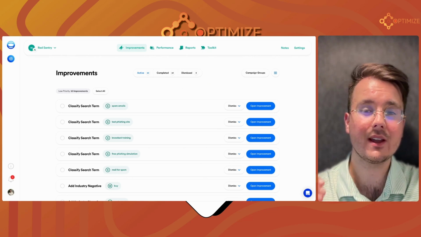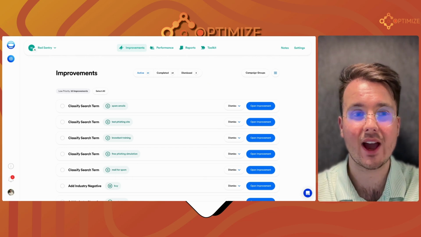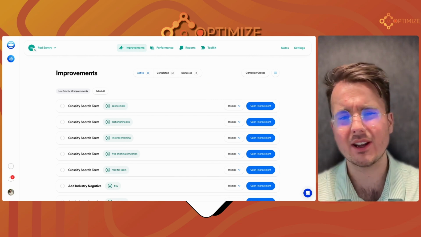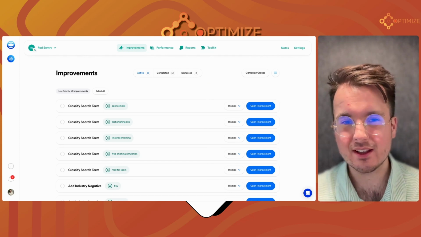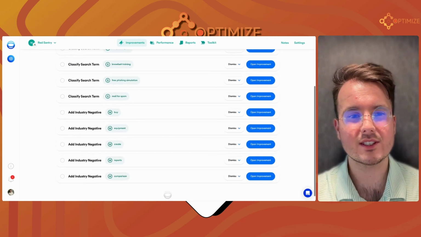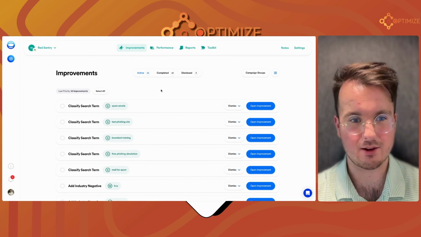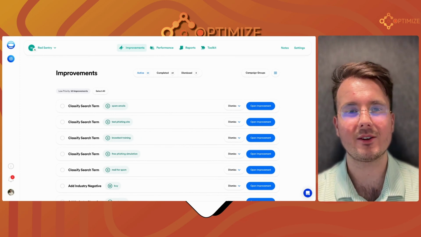Number one, it allows us to be inside of your ad account every single day, every hour, making adjustments. Now you may be wondering, what does that even mean? Well, that means that whenever something is triggered inside of our Optio account, we are pinged in our Slack.